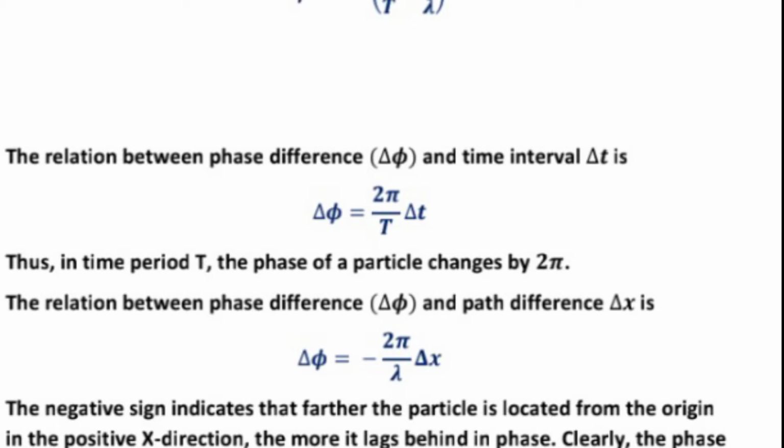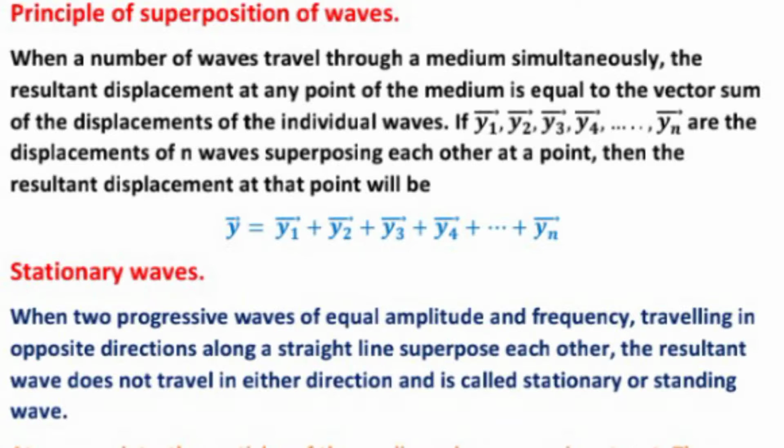The negative sign indicates that the farther the particle is located from the origin in the positive x direction, the more it lags behind in its phase. Clearly, the phase difference between two particles located at separation lambda will be 2 pi.